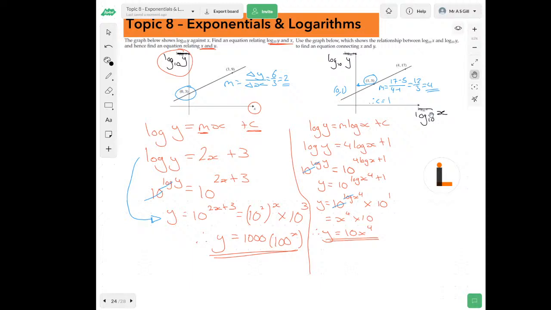So we end up with 1 as our y value. So that's where we get that c value from. So just using the idea of a straight line and applying the gradient to the coordinates on it.